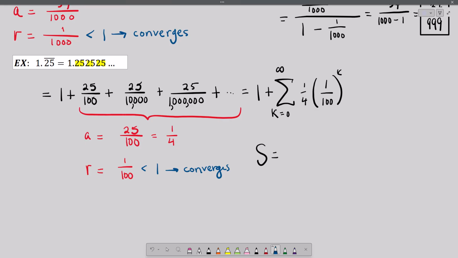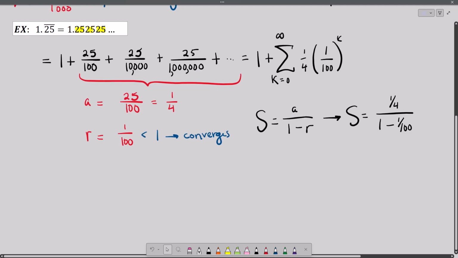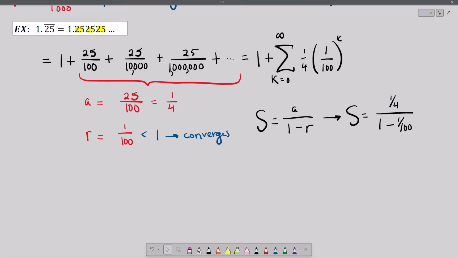And we know that the sum of a convergent geometric series is A divided by 1 minus R. So for this particular series, we have 1/4 up in the numerator, divided by 1 minus 1/100. In this case, it might have been easier just to leave the A as 25 over 100, but it doesn't matter.